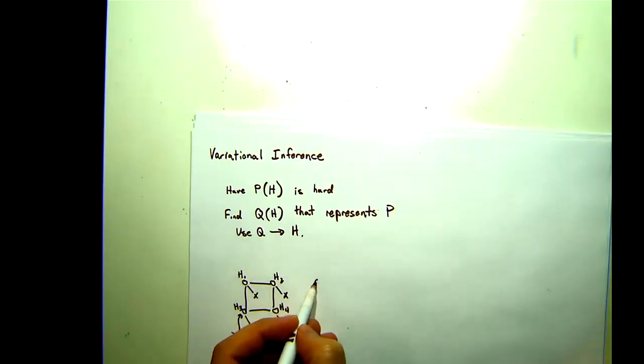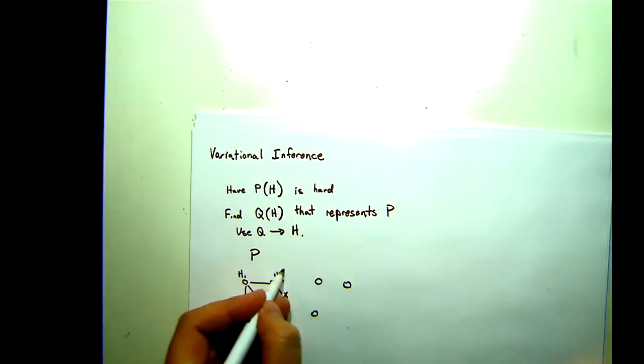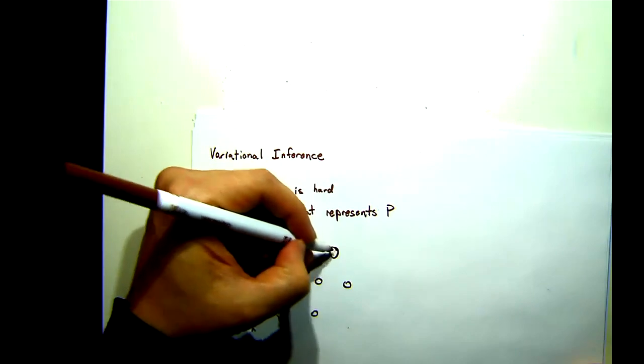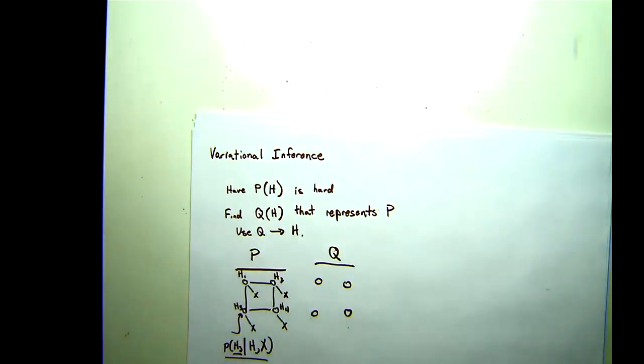And so in this case, this is our P distribution, and this is going to be our Q distribution. And you'll notice there that it's just 4 independent variables.